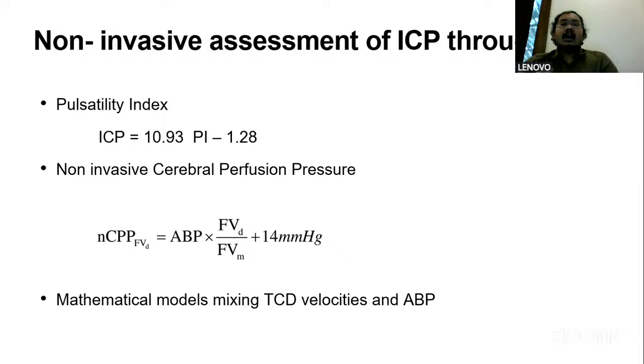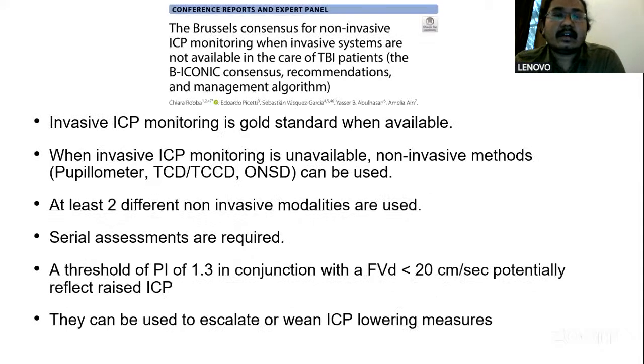Now we need to understand that we recently had the Brussels consensus released for non-invasive ICP monitoring in the care of traumatic brain injury. We all know that till now, invasive ICP monitoring is the gold standard. But we often don't practice invasive ICP monitoring for various reasons.